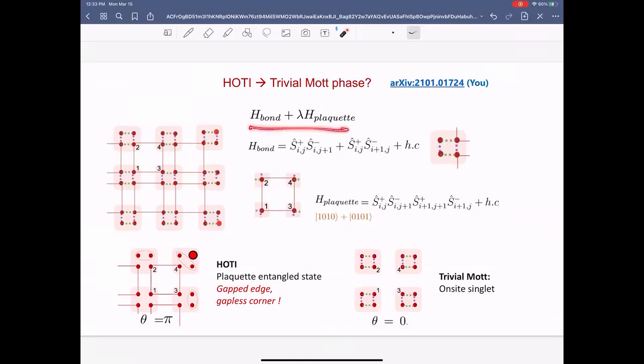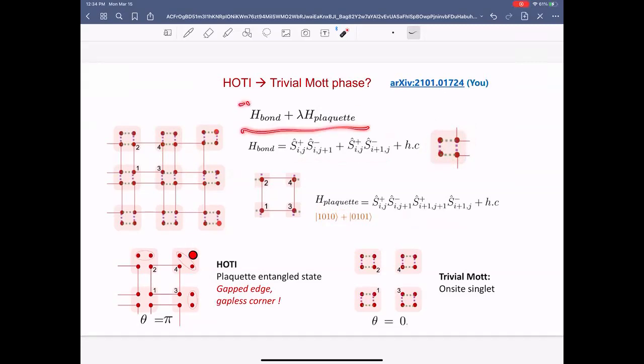The model I consider is still the same, a square lattice with 4 spins per unit cell. There are two types of interaction. One is the plaquette interaction we just introduced to engineer a higher order topological insulator. The second type is an XY interaction between the 4 spins within the unit cell. Because these are interactions inside the unit cell, any XY interaction within the same pink island does not break the subsystem U(1) symmetry, and it does not break time reversal symmetry either.